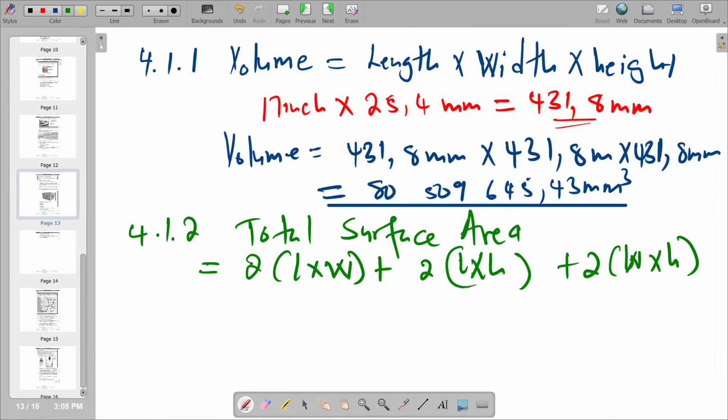But remember, we have the same size, 431.8 millimeters on every side.